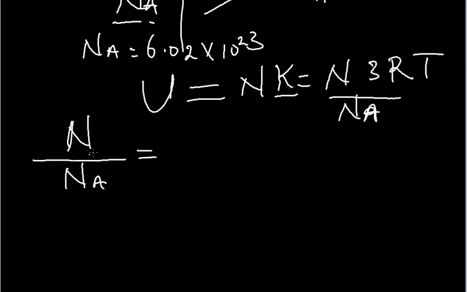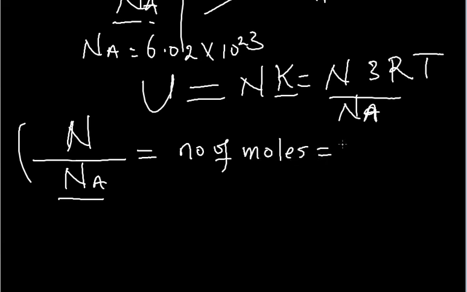This N here represents the total number of molecules in the system, and NA represents the number of molecules in just one mole. I'm pretty sure you must have encountered this ratio before. It's equivalent to the number of moles, and we use small letter n to represent that.